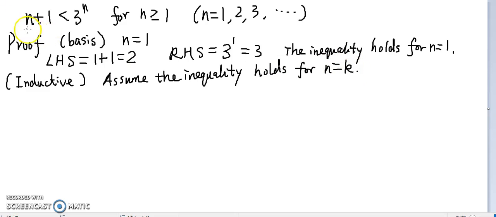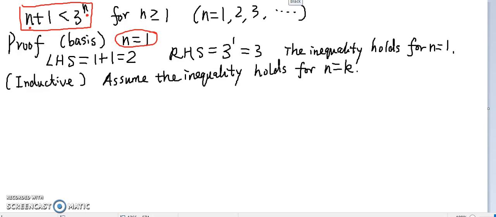So the inequality we want to prove is n plus 1 less than 3 to the nth. In the basis case, we replaced n with 1 on the left-hand side and on the right-hand side, and we found the left-hand side is less than the right-hand side.